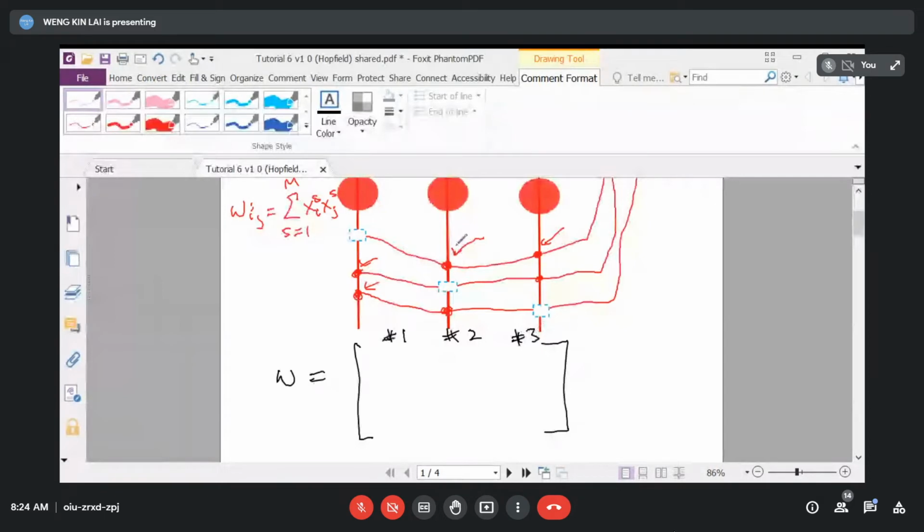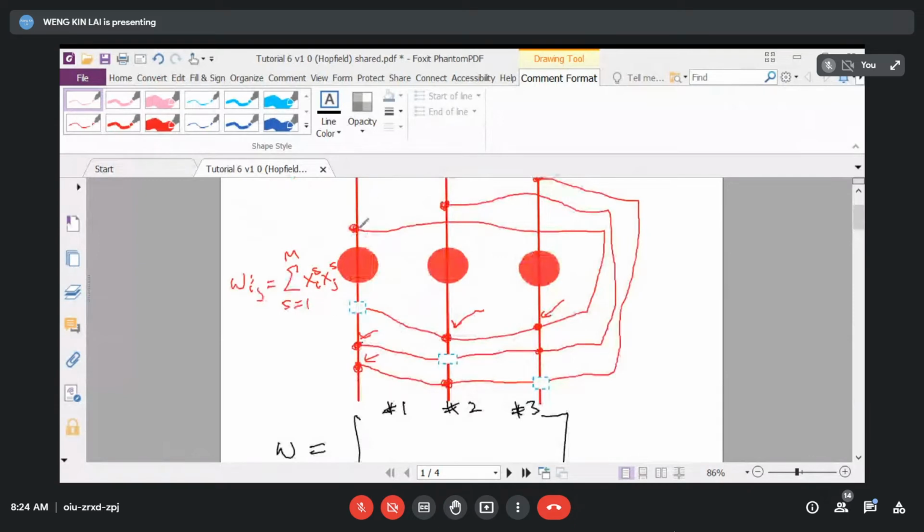So let's look at the connection between 1 and 1. What is the weight over here?